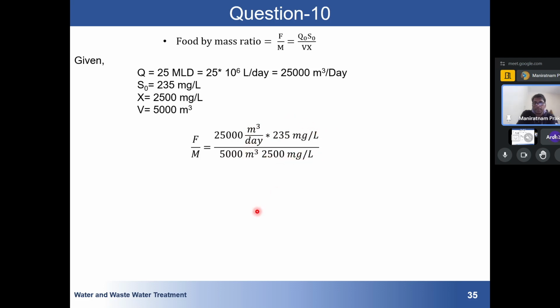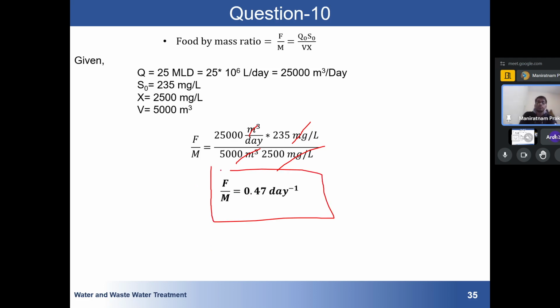Remember, this milligram will cancel out, and this meter cube will cancel out, and if you solve it, you will get the food to mass ratio as 0.47 day minus 1. Remember, if you are giving a subjective paper, make sure to write the unit day minus 1. If you do not write it, your marks will be deducted.